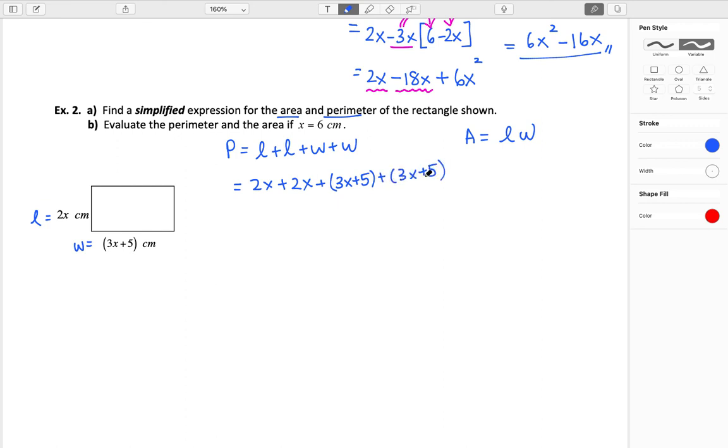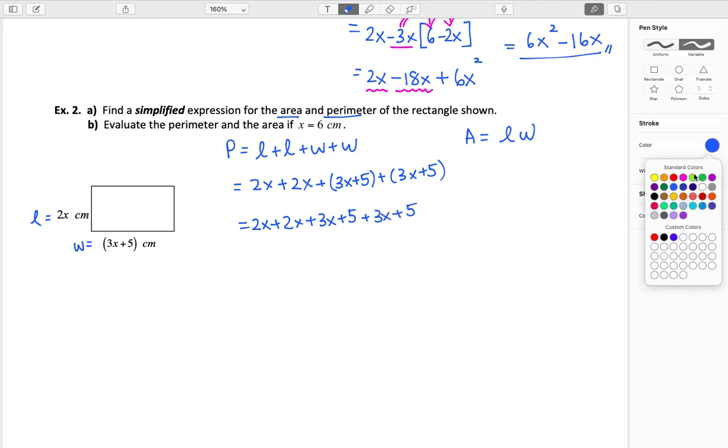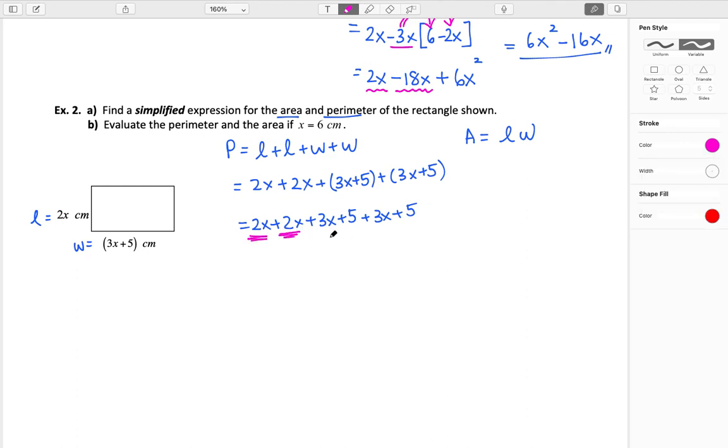Now, when we are adding, from yesterday's lesson with the brackets, they just disappear, right? So it's like 2x plus 2x plus 3x plus 5 plus 3x plus 5. After that, we can collect the like terms. So we have x terms, and then we have positive 5 and positive 5 here.